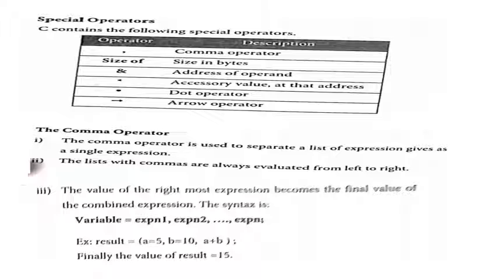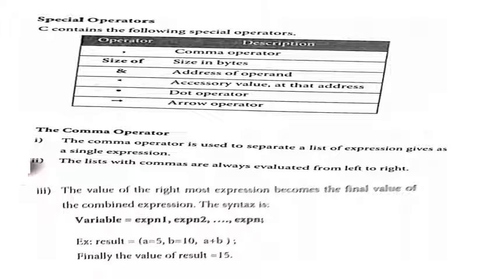The comma operator is used to separate a list of expressions and gives a single expression. Lists with commas are always evaluated from left to right. The value of the rightmost expression becomes the final value of the combined expression.